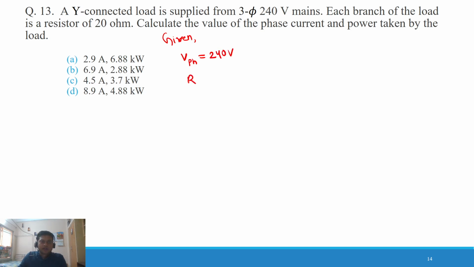So resistance in each phase is 20 ohm. So we can simply write I phase is equal to V phase divided by R, so 240 divided by root 3 divided by R. R is 20 ohm.